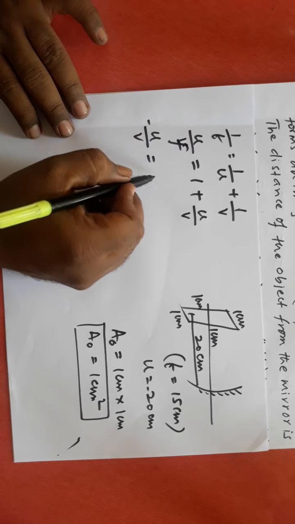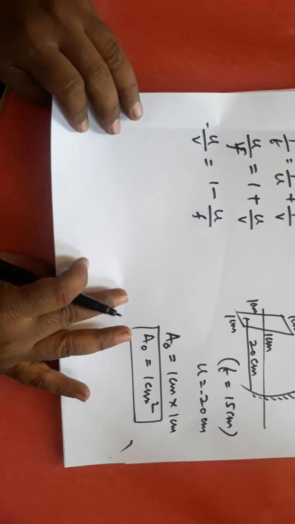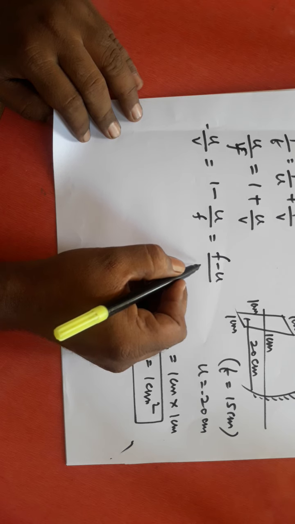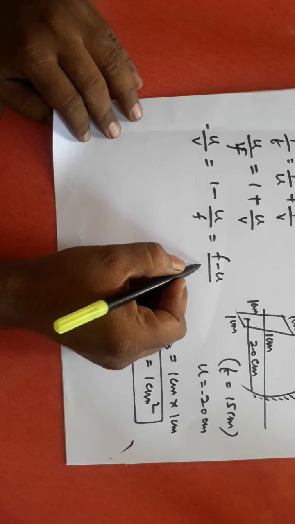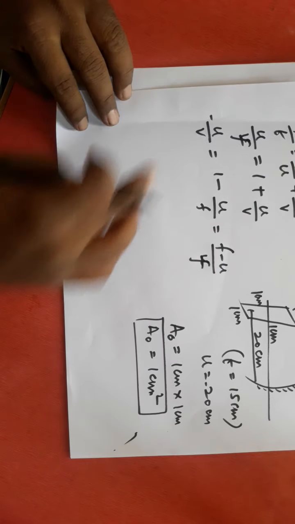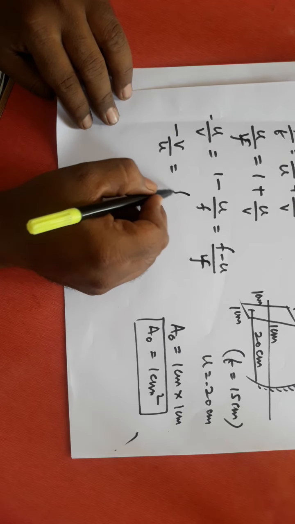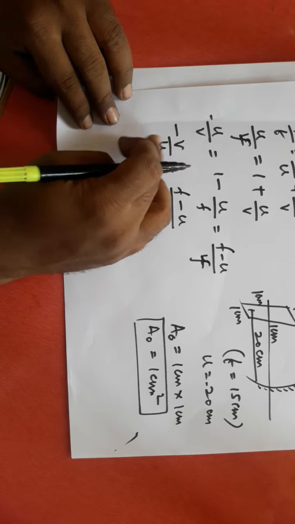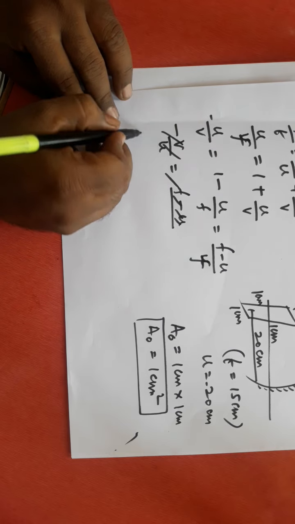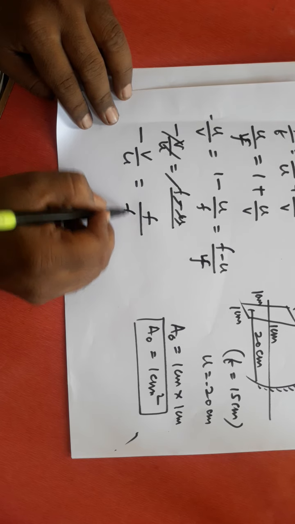Minus u by v is equal to 1 minus u by f I will get. Then this will be equal to f minus u divided by f, its LCM is f. Minus v by u is equal to f minus u divided by f. If I take the reciprocal, minus v by u is equal to f divided by f minus u.